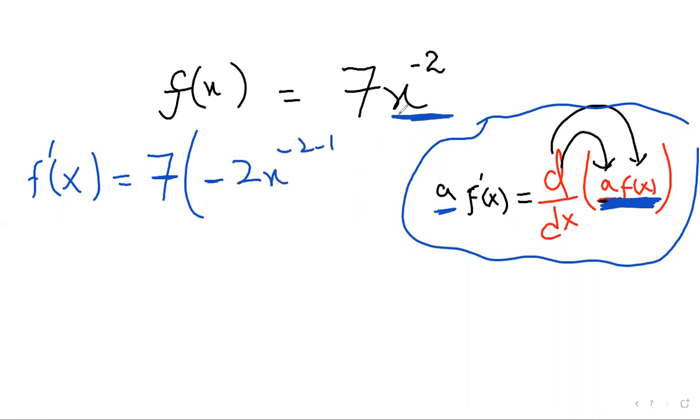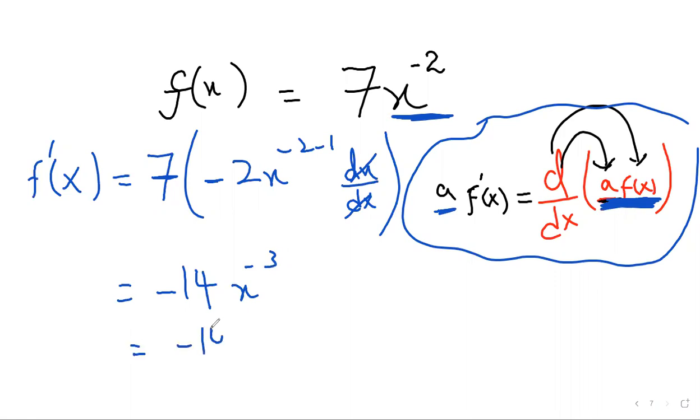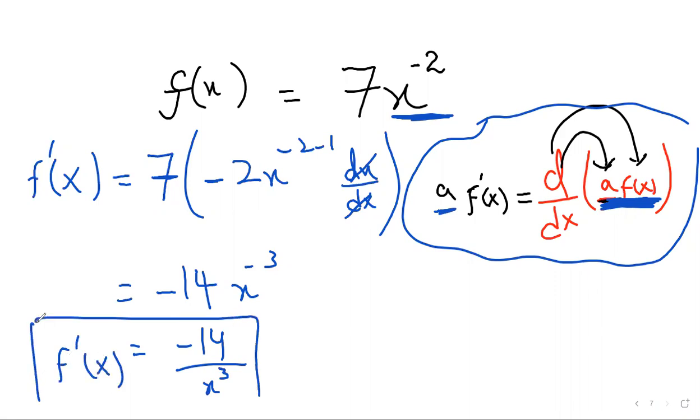Then we take the derivative without power, which for a polynomial is always dx upon dx, that is 1. Minus minus 2 7 is 14, x to the power -3. If you are putting your negative index in the denominator, it will become positive. So this is the answer of the first derivative, as I have already explained.